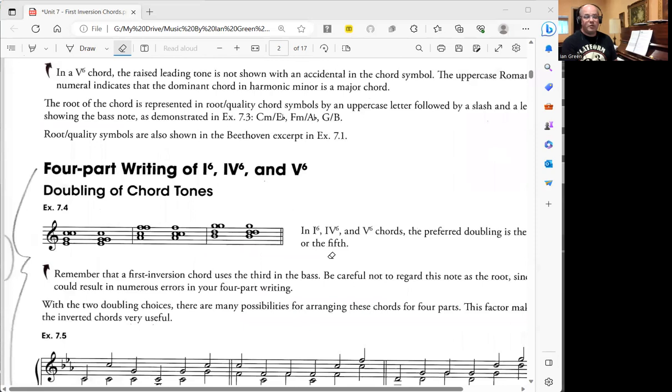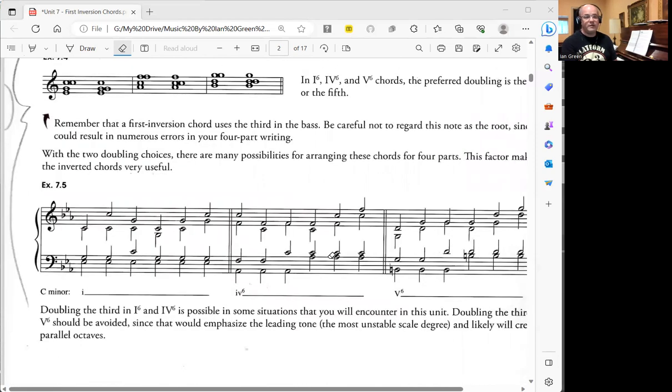Now, when writing in four-part harmony with the 1, 4, or 5 chords, the tonic, subdominant, or dominant chords, something that's important is, of course, when we are writing in first inversion, that you want to make sure to still observe specific rules related to doubling the third. It's always best practice whenever we write a first inversion chord to know that the third is being covered by having it be the lowest note of that particular grouping of notes.